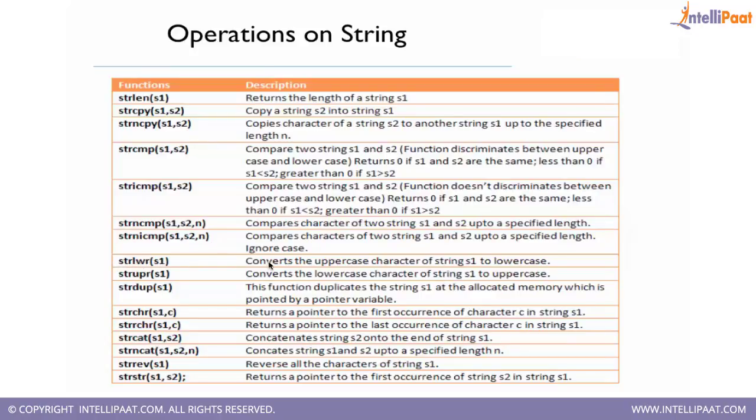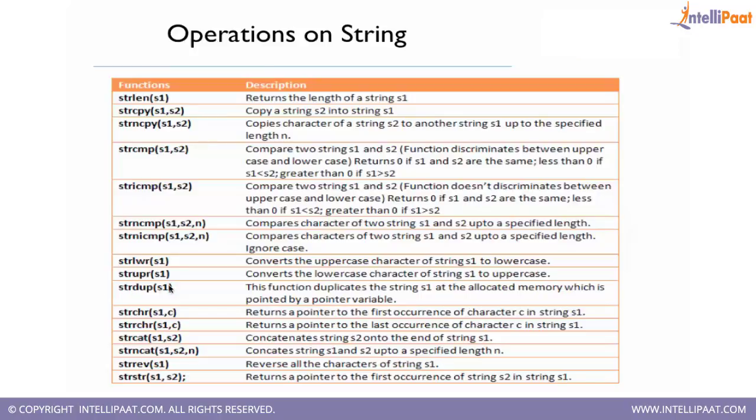strlwr converts the upper case characters of s1 to lower case. So strlwr, that is string lower. If I have a string capital A, capital B, capital C, and I say strlwr s1, I'll be getting small a, small b, small c.